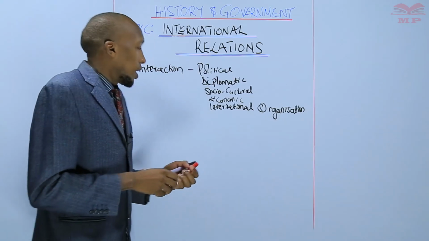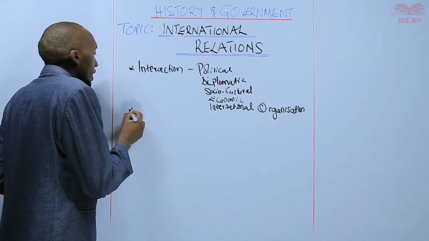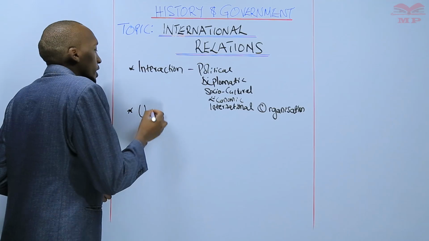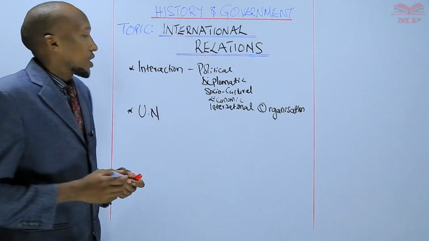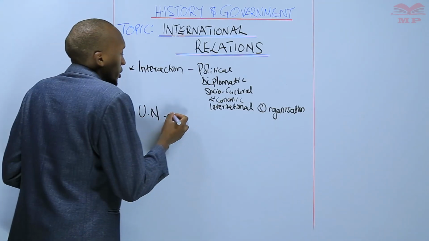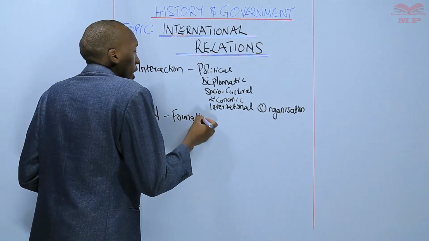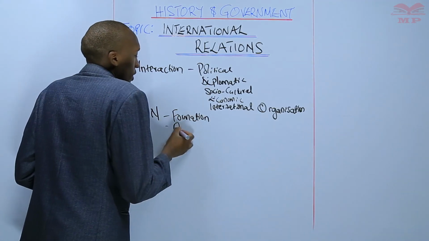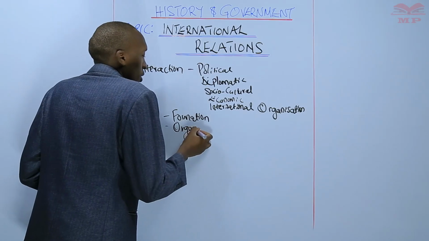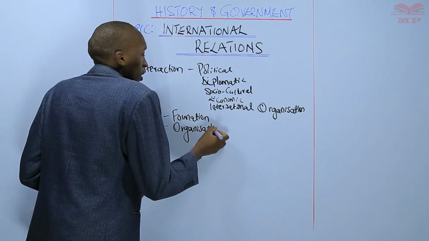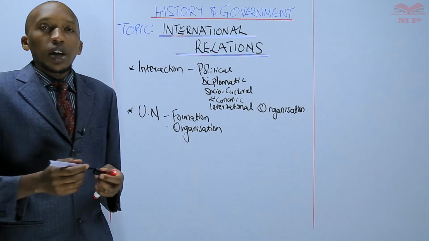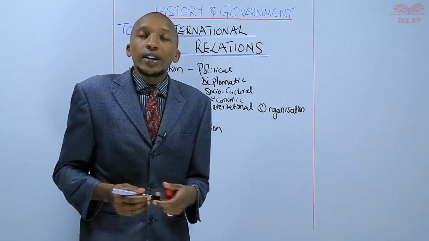So we have already discussed the United Nations. We were able to learn how it was formed, that is formation, and then its organization. When we talk of formation, we looked at what the aims are.